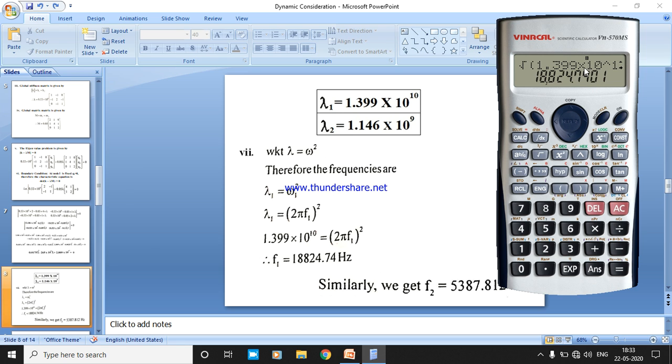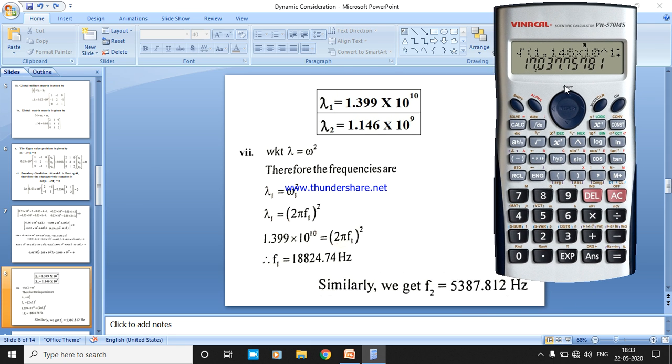For the same thing for the second one, if I want to solve, here 1.146, only I have replaced this value. Sorry, something went wrong there. This is not 10 raised to 10, it is 10 raised to 9.